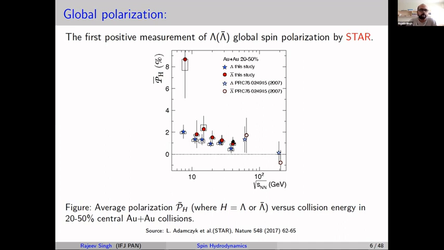Most of the hydrodynamical models or transport-based models have found good agreement with this data, but still there is one problem, which I will tell you later.